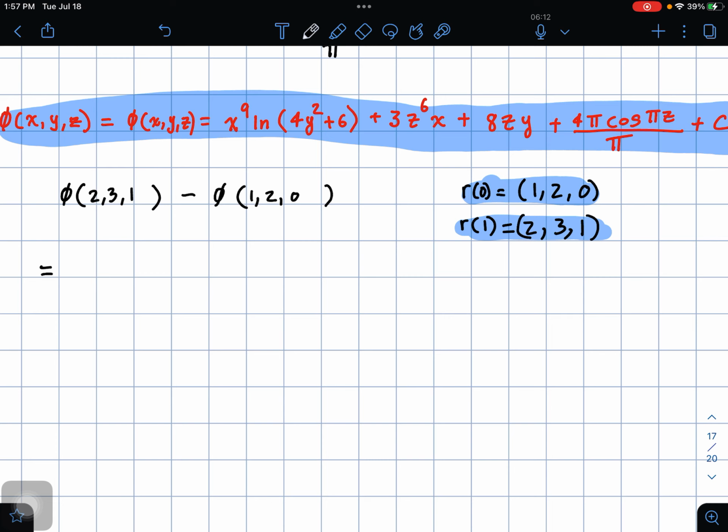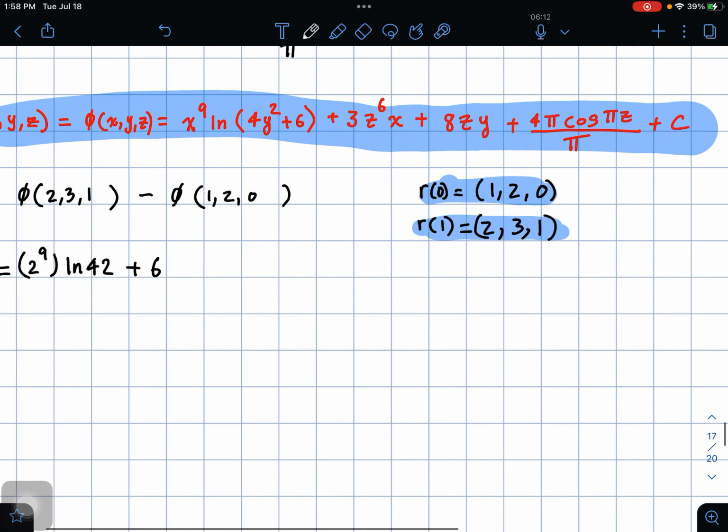Our x to the 9 is 2 to the 9, ln of 4, y was 3, so 3 squared is 9, 9 times 4 is 36, 36 plus 6 is 42, so just give me ln of 42, plus 3, our z value is 1, so z to the 6 is 1, so 3 times 1 is just 3 times x, which is 2, which turns to 6.